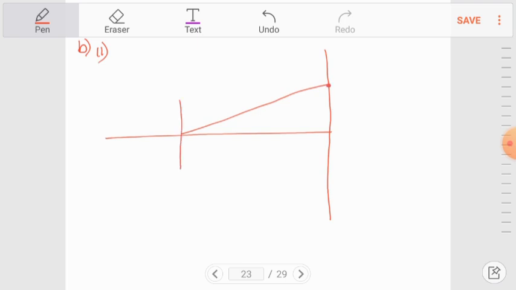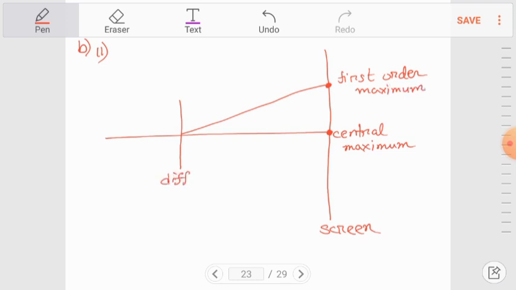This was the first order maxima, and this was the central maximum. Then this was the screen. Let me label it down. Screen, central maximum. And this was the first order maximum. This was the diffraction grating.